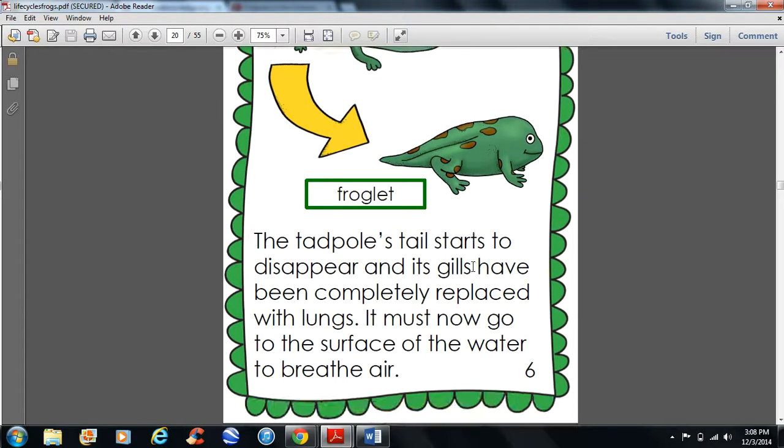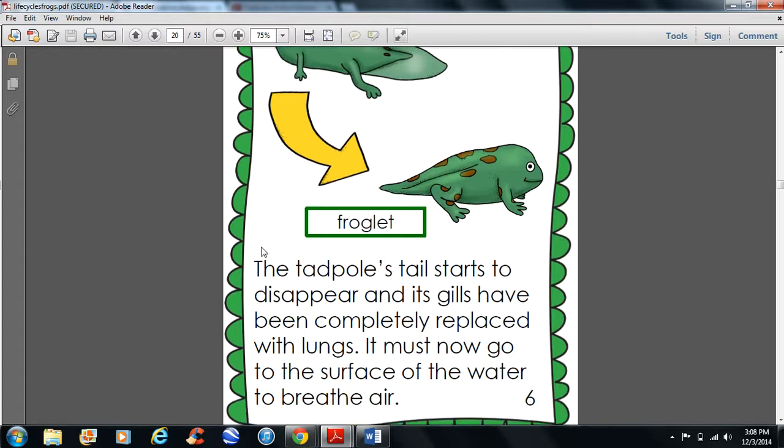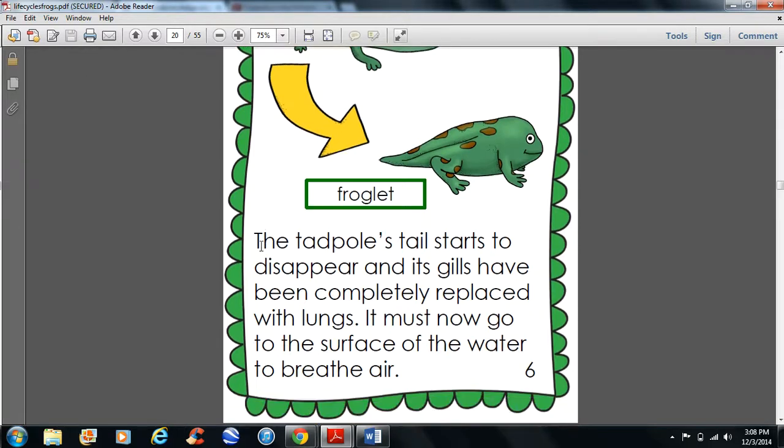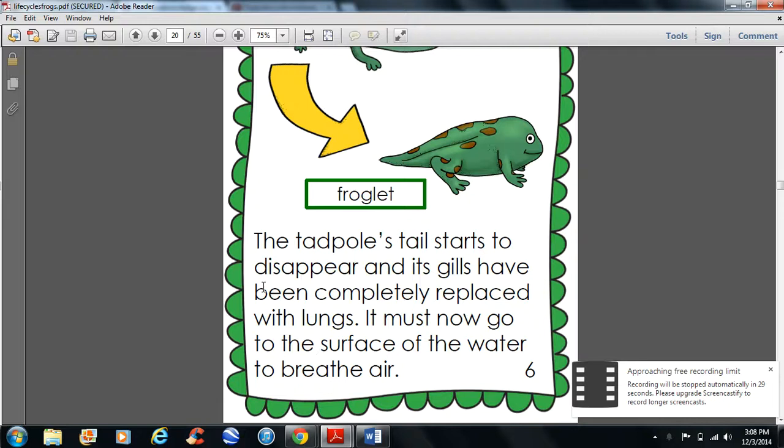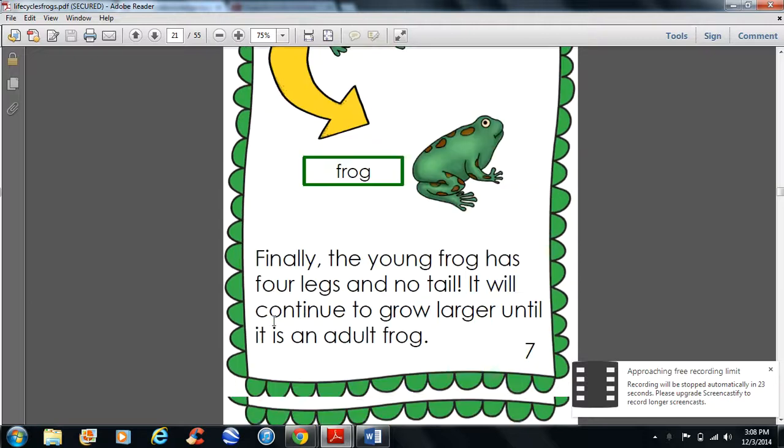Tadpole to froglet. There's our tadpole. The tadpole's tail starts to disappear and its gills have been completely replaced with lungs. It must now go to the surface of the water to breathe air. Froglet to frog.